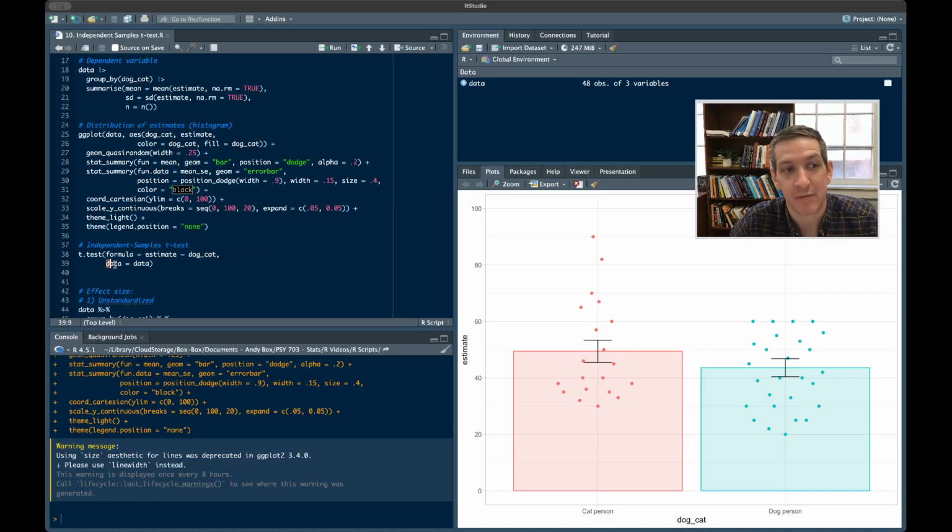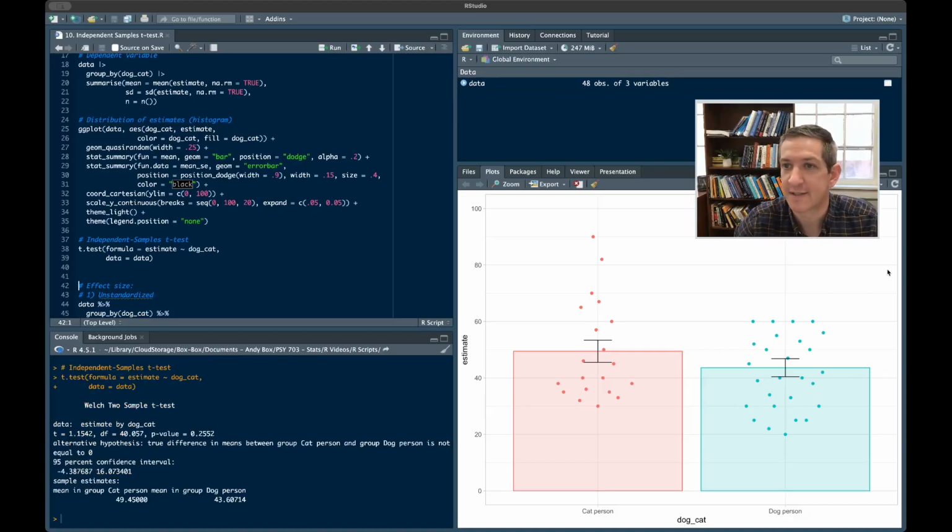And we need to tell it the name of our data set, which in this case, coincidentally, is called data. So it looks redundant here, data equals data, but that's just because our data frame here is named data. And when we run this, we get our t-test.